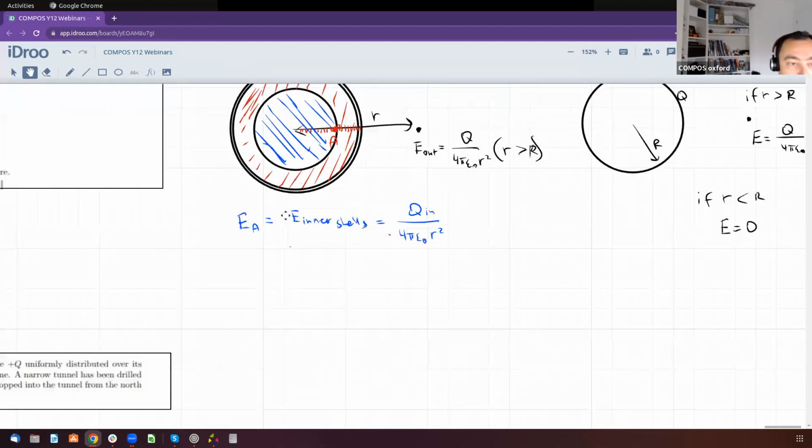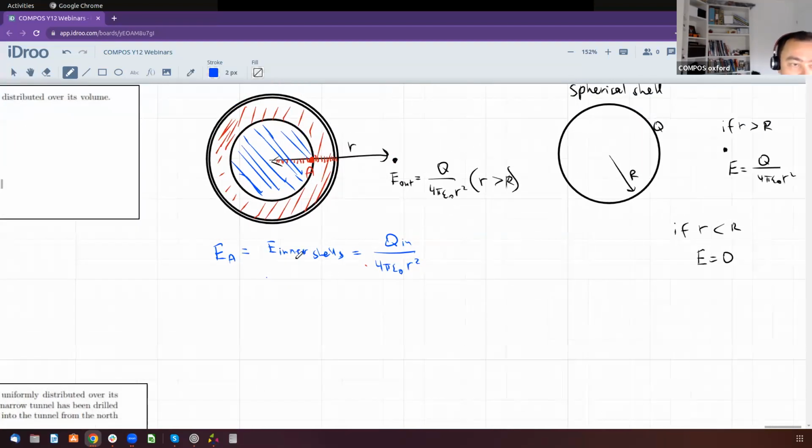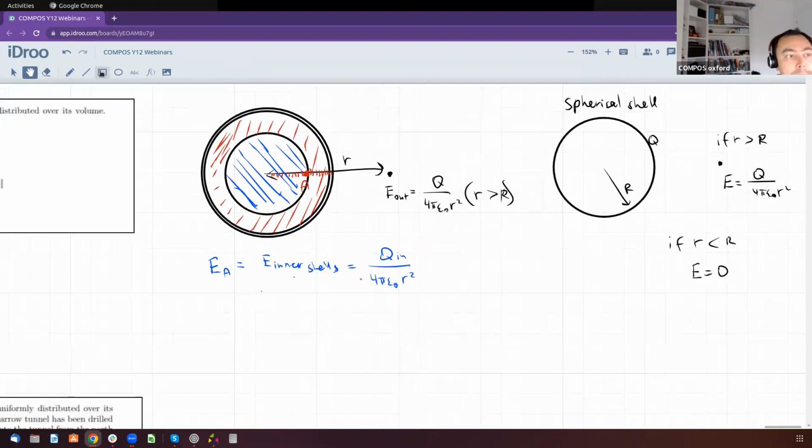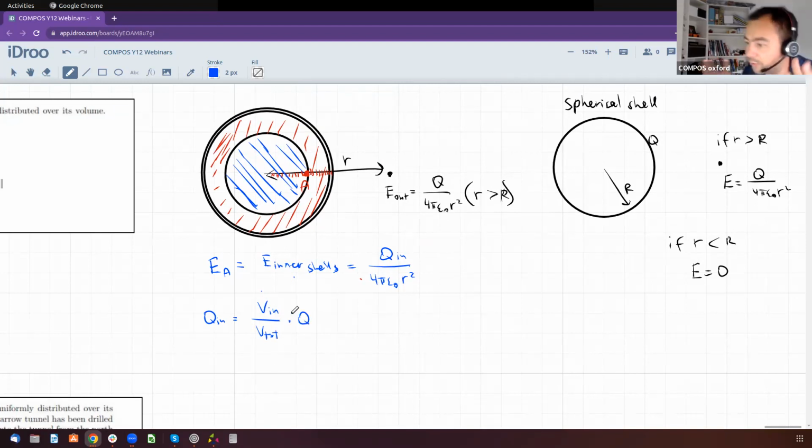Right. So because the charge is uniformly spread by volume, Q in is the volume of the inner sphere divided by the total volume, multiplied by the charge. So it's a fraction of the charge by volume, and the fraction is the inner volume divided by outer volume.